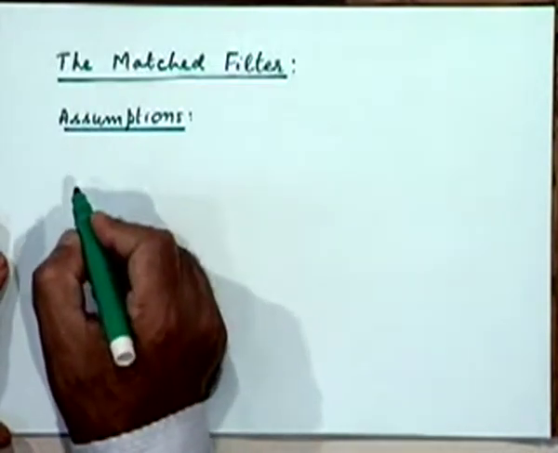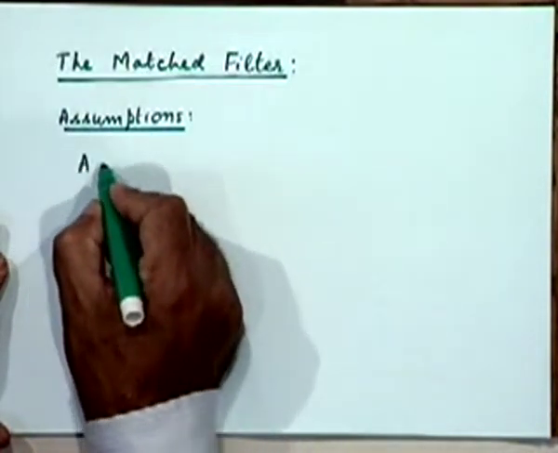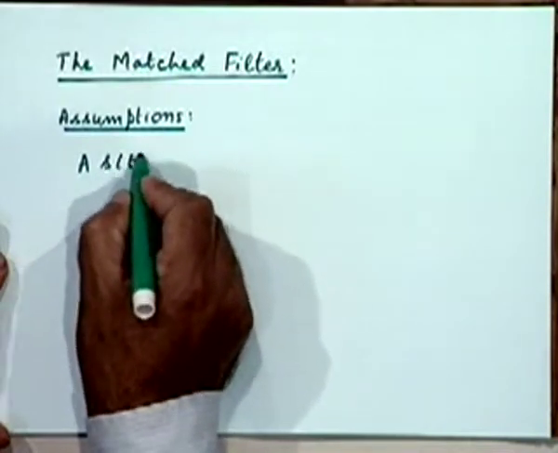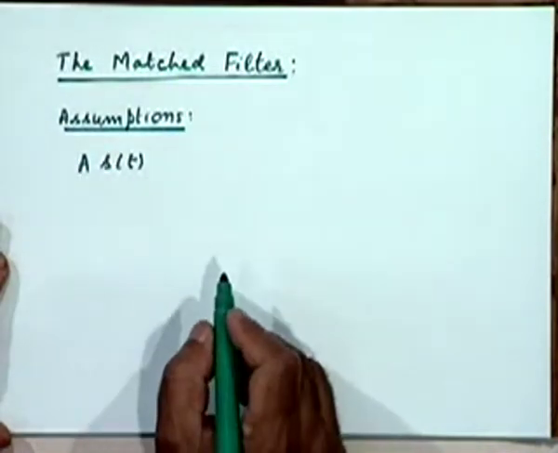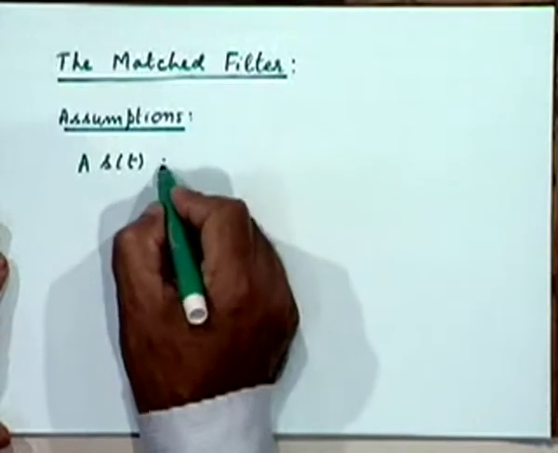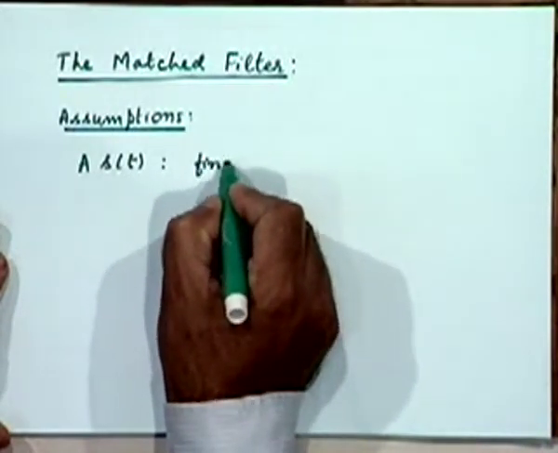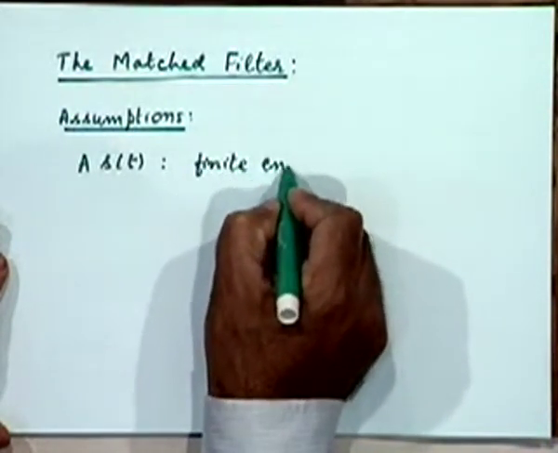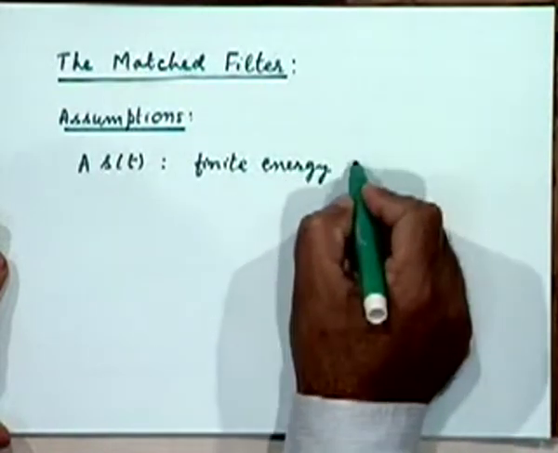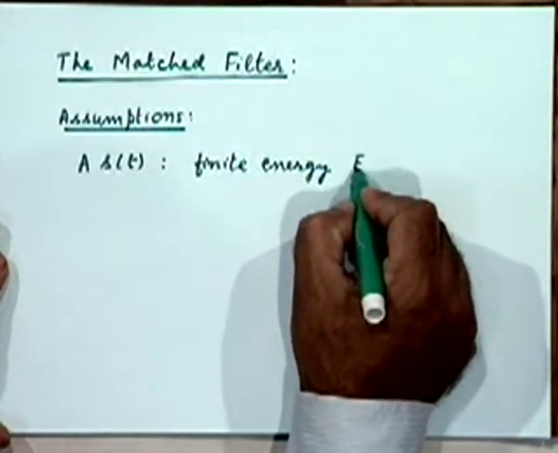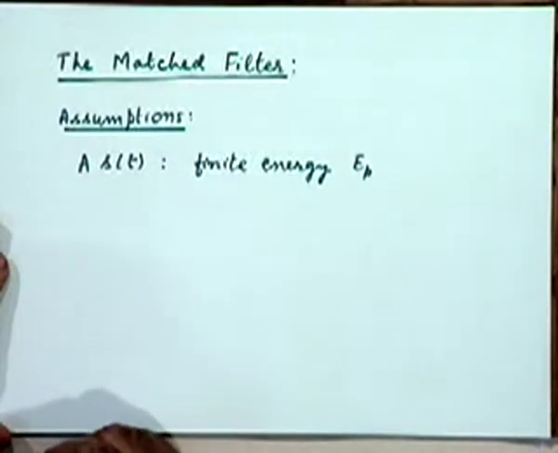So let's say we are transmitting a pulse or trying to receive a pulse of shape s(t) with some amplitude scaling factor A, which is of finite energy. So A s(t) is a finite energy pulse with energy E sub p.